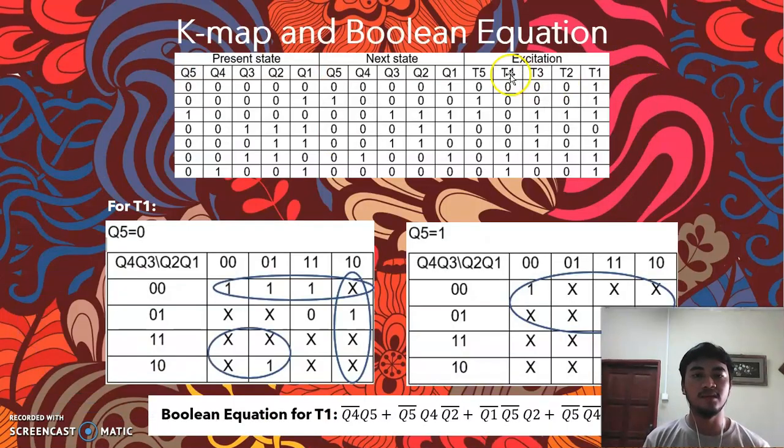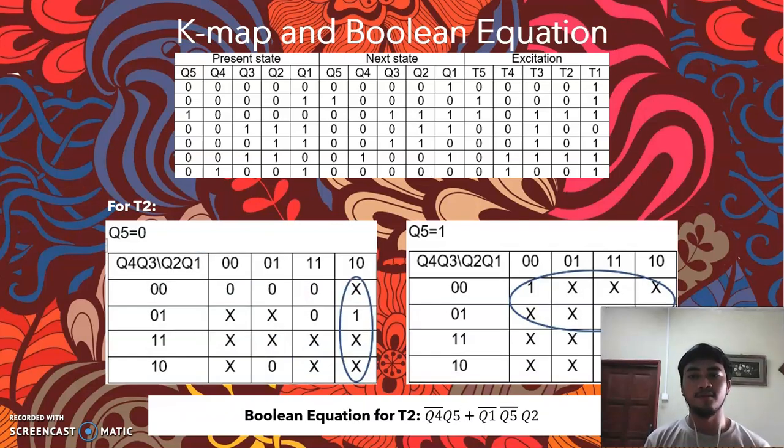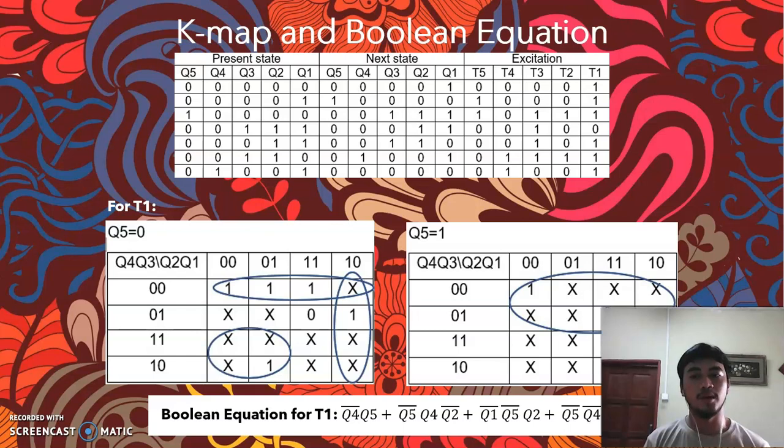And then for every single excitation result, T5, T4, T3, T2, T1, we express the Boolean equation from the K map, because this is the easiest way. For every output T1, here's T1.